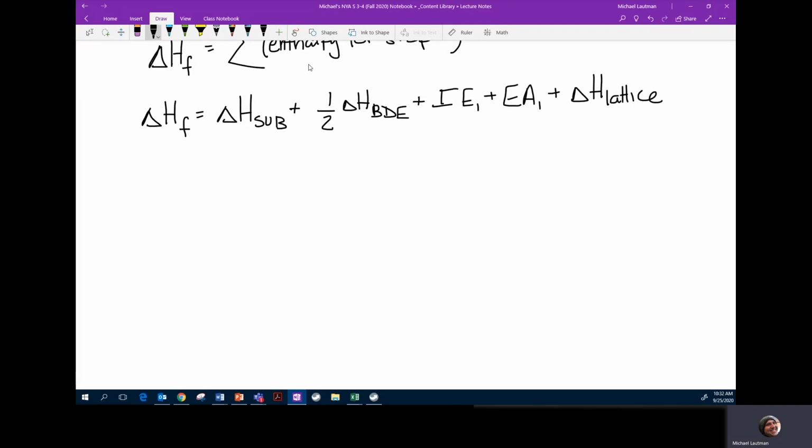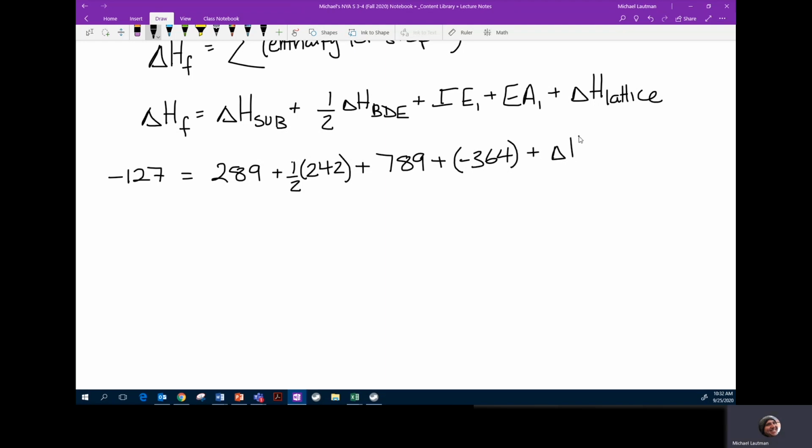We have all of the terms except one. So we have minus 127 equal to 289 plus 1/2 of 242 plus 789 plus minus 364 plus the lattice energy.